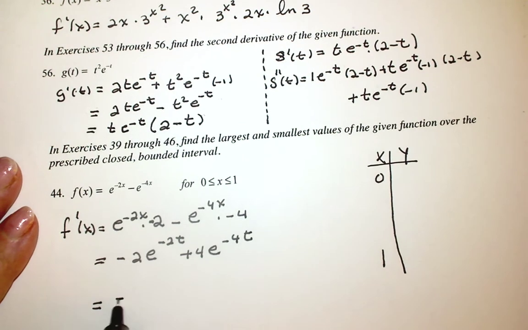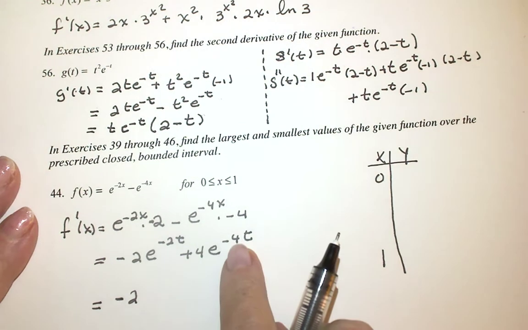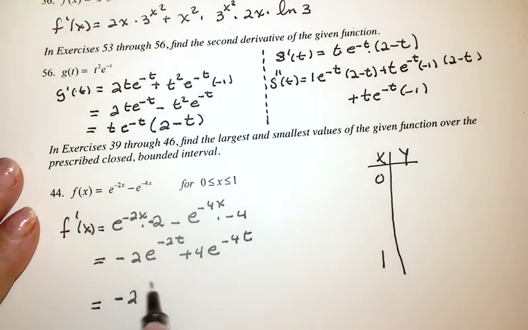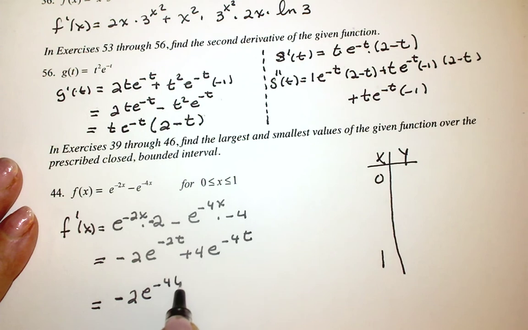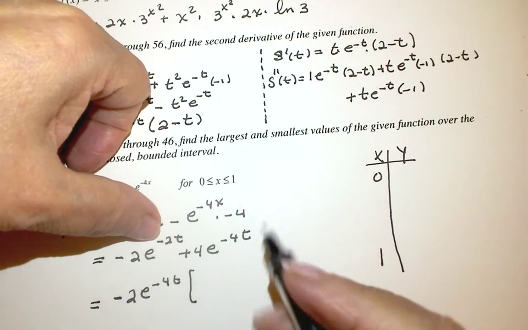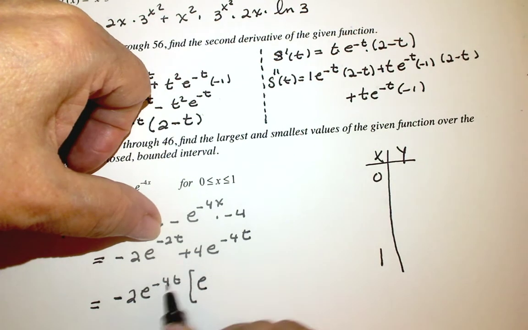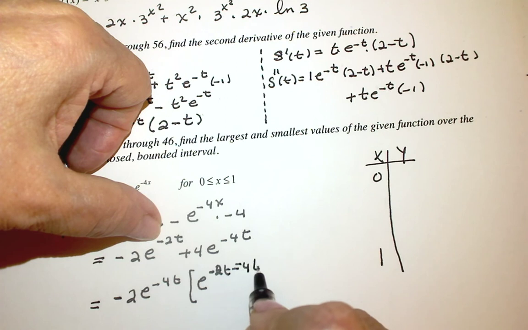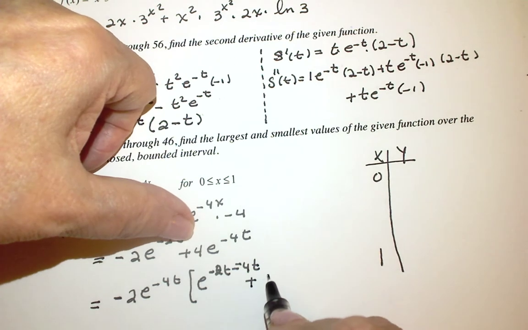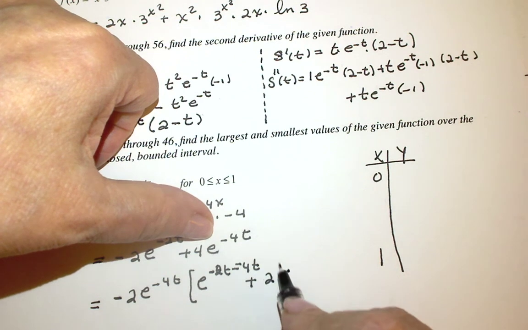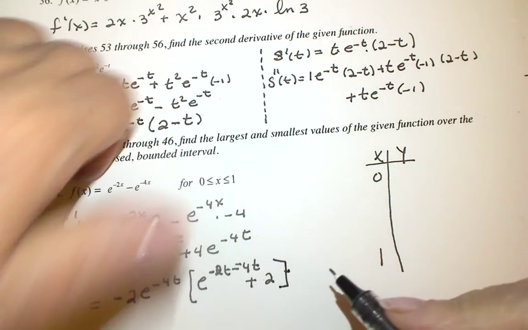I'm going to factor out a negative 2, and I've got 2 of those and 4 of those. So e to the negative 4t. I'm taking the 2. For the negative 4t, I am taking a negative 2t minus a minus 4t, plus 2 e to the 4t, the negative 4t is gone.